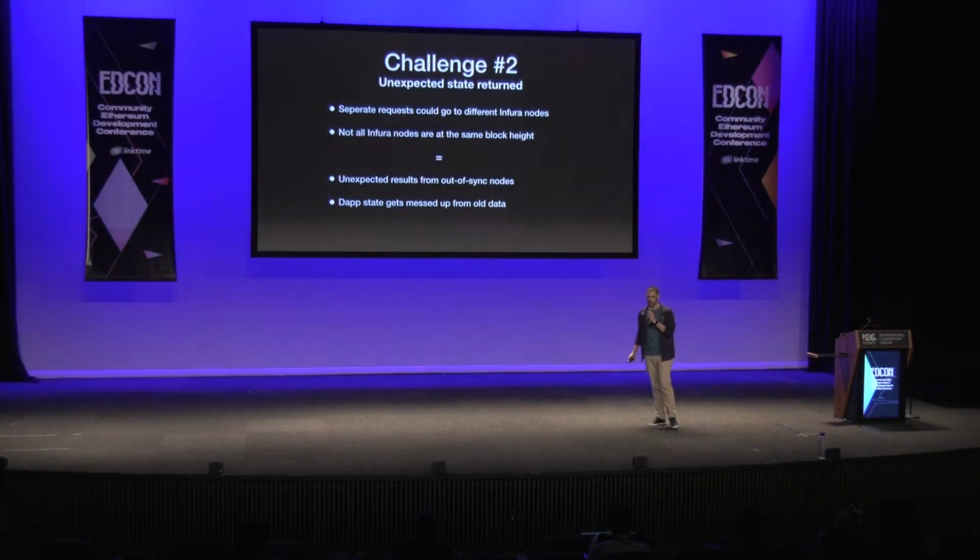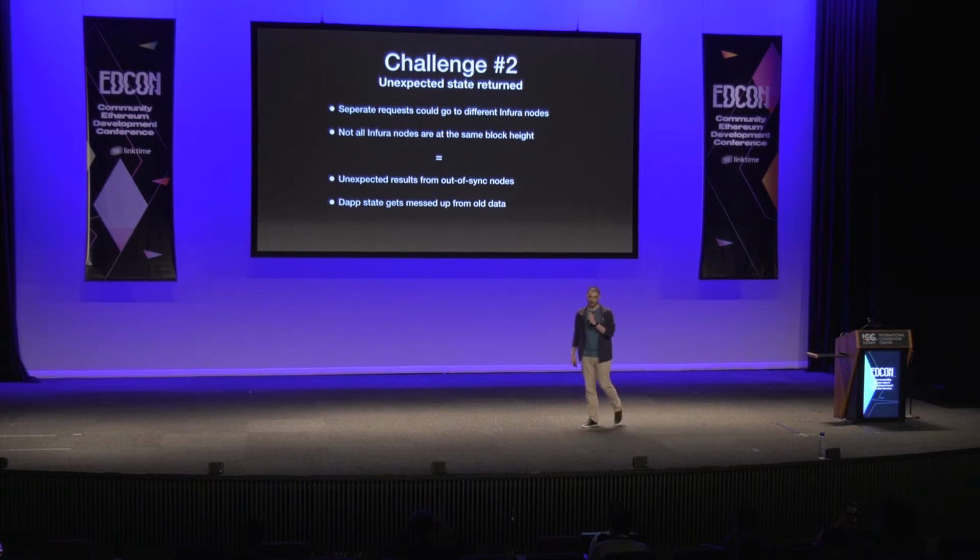The second challenge, which is related to the first, is that all of these requests are going out separately, independent of each other. Let's say that most users are using MetaMask and therefore Infura. We don't necessarily know which Infura node those requests are going to hit, and not all Infura nodes are in sync. Some Infura nodes might be 1 block behind and out of date.